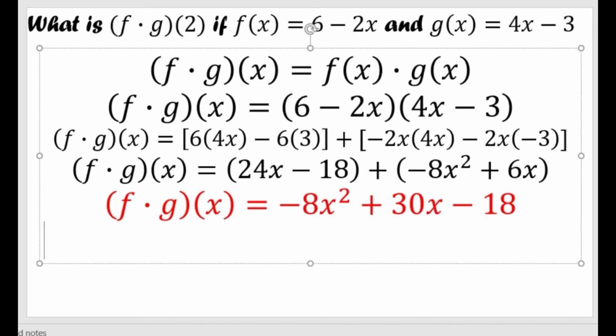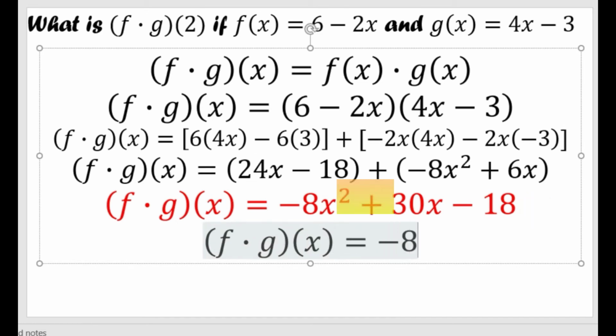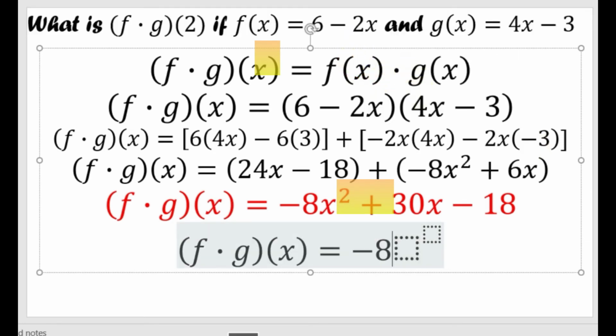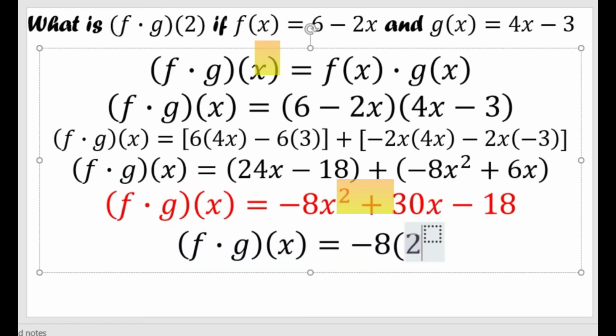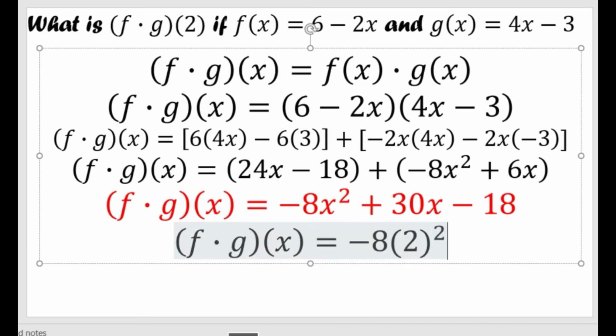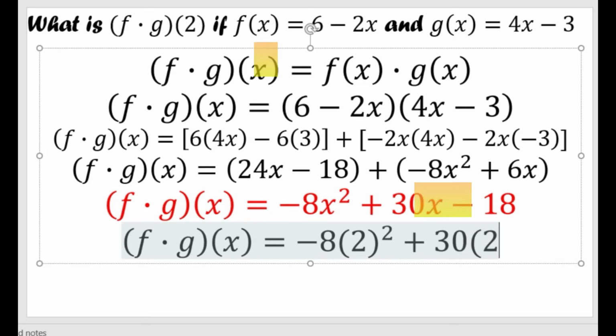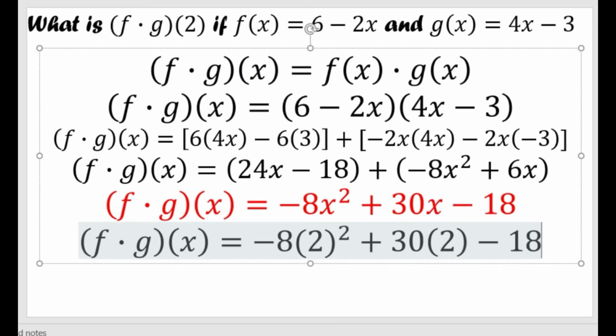Doing that, we'll have negative 8 times, substituting the value of x by 2, we'll have 2 squared, and then plus 30 times 2 minus 18.